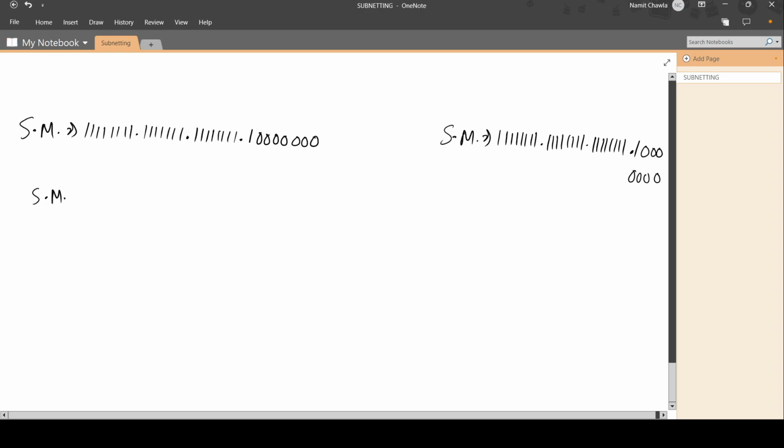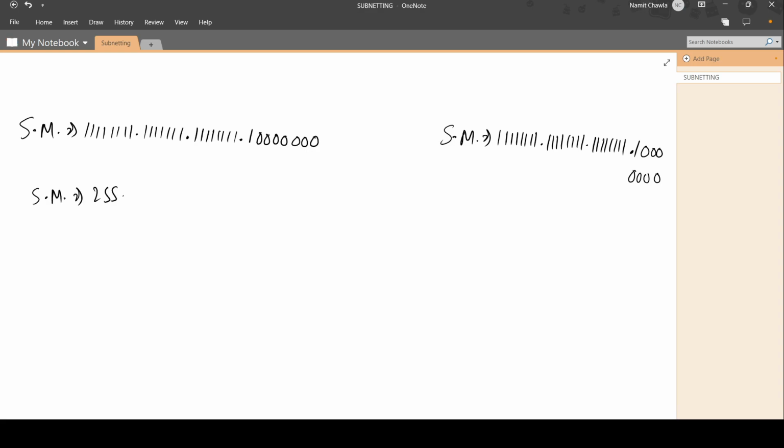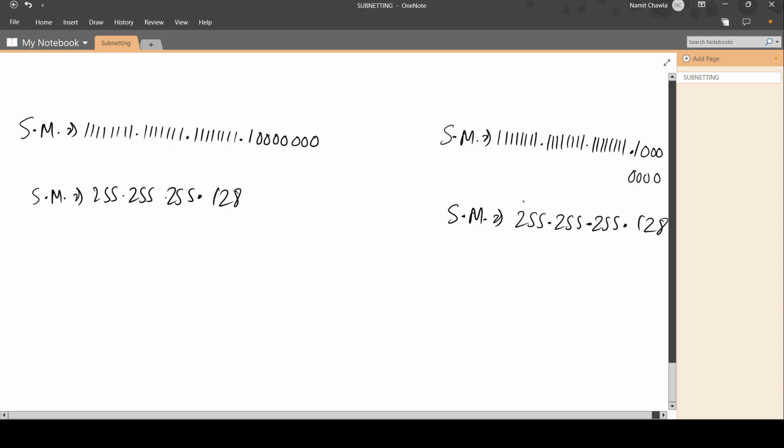Eventually what is it? 255.255.255.128. The subnet mask over here is eventually 255.255.255.128. Done.